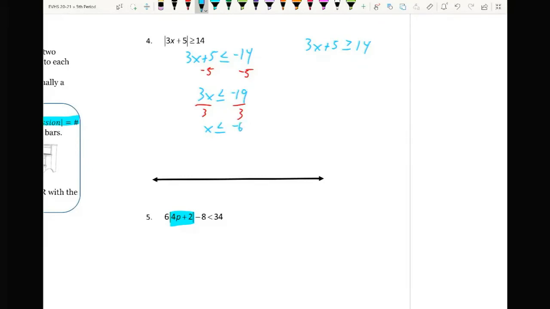That's negative 6 1/3, or 6.33 repeating. On the graph over here, I'm going to leave it as negative 19 thirds. Now, this one says that it is less than or equal to, so I've got my closed dot, and if it's less than, it's going to go left.